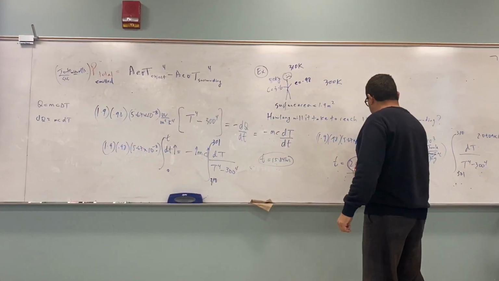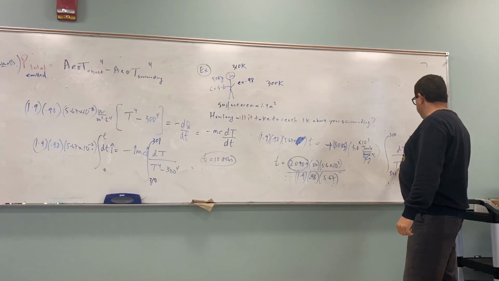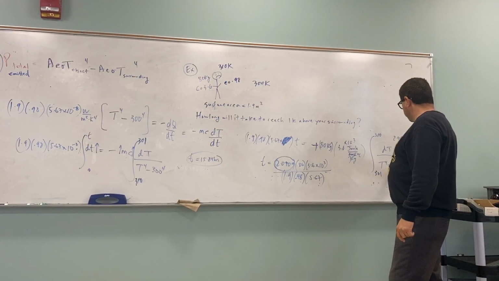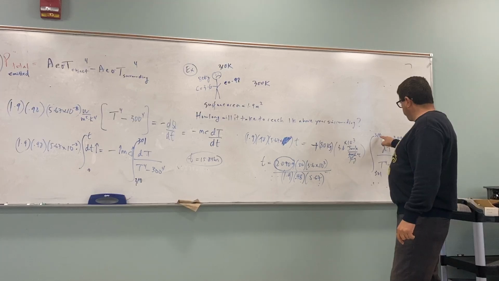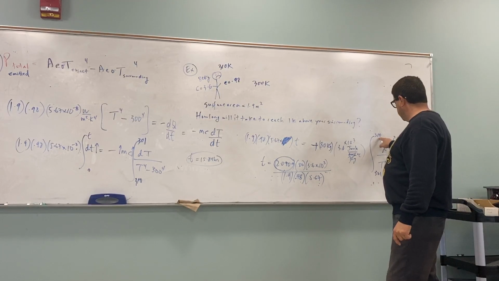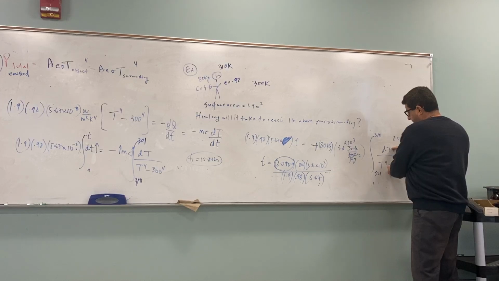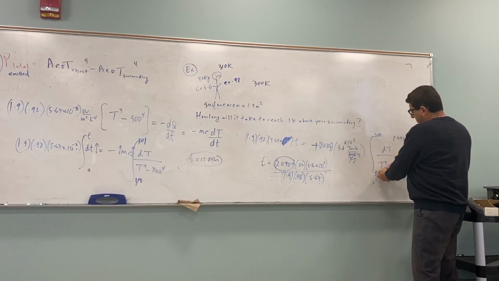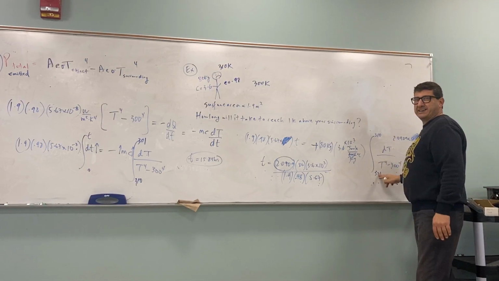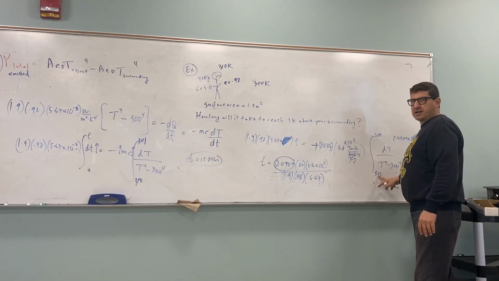It depends on the integral, which depends on the atmospheric temperature, and of course it depends on the limits, what you're starting with, what you're ending with. The bigger the difference, the bigger the integral is going to come out. If you want to go down from 310 to 309, it's going to take much shorter time.